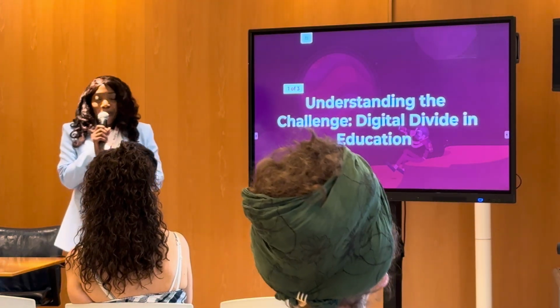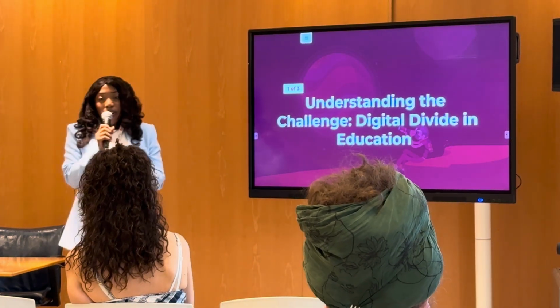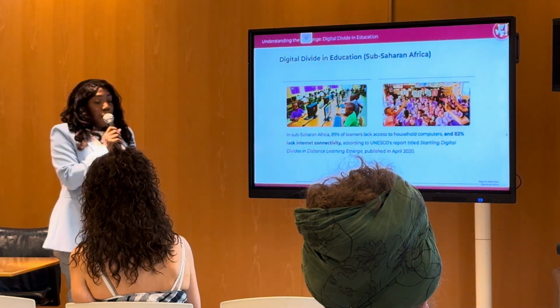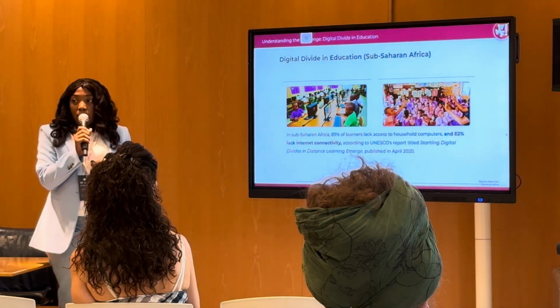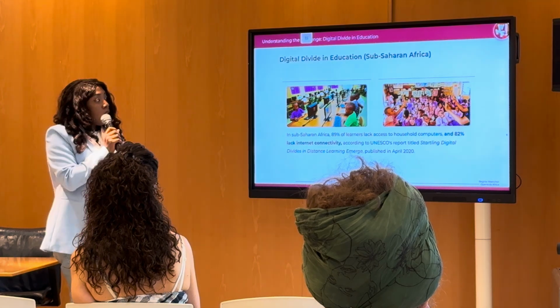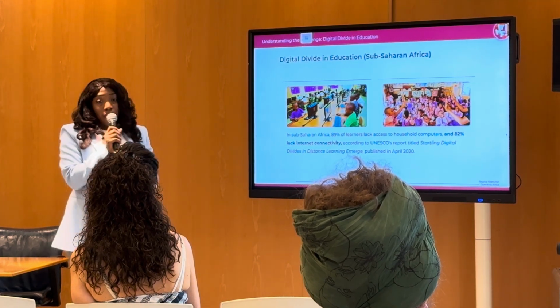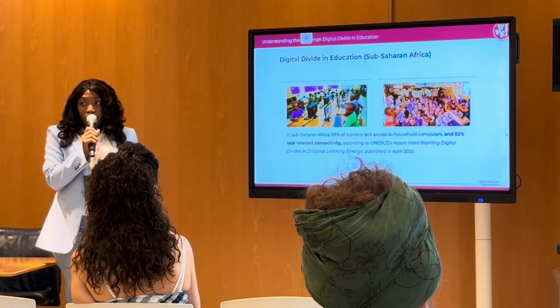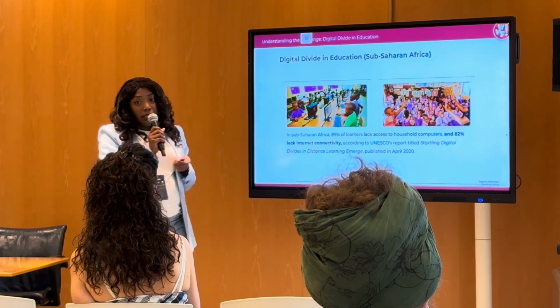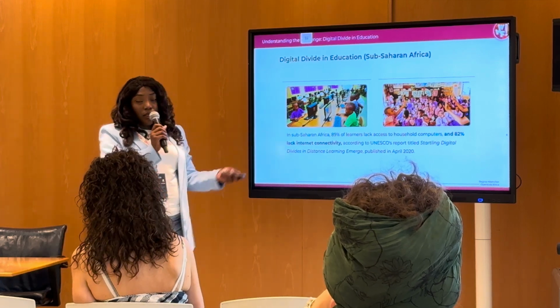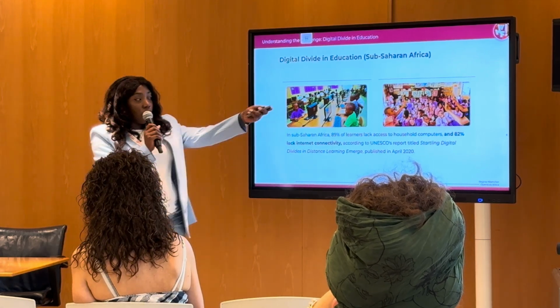So let's start with understanding the challenge of the digital divide in education. If you take a look at these two pictures, you have a picture with students with computers, and then you have the other picture with students using their hands with no computer at all. When we talk about the digital divide, this can tell you the opportunity that it poses for the students on the left and the opportunity that it poses for the students on the right.